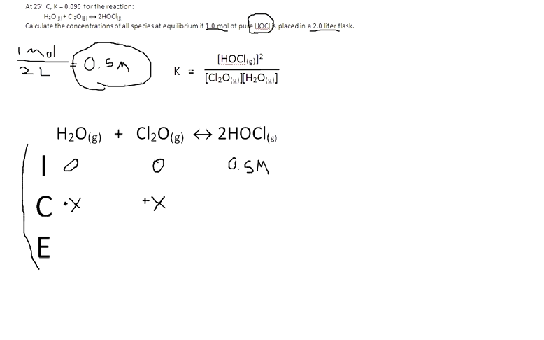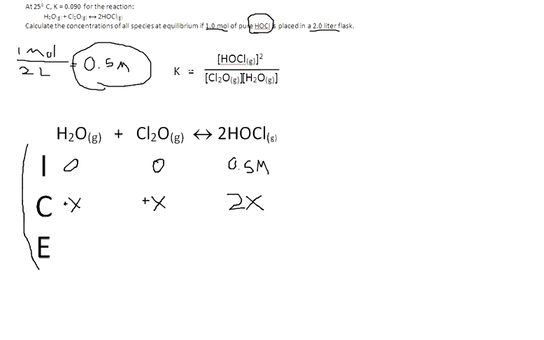For every mole that we create on the product side, we have a mole coming from the reactant side. We have a mole being created and another mole being created, so we're actually using up 2 moles right there.